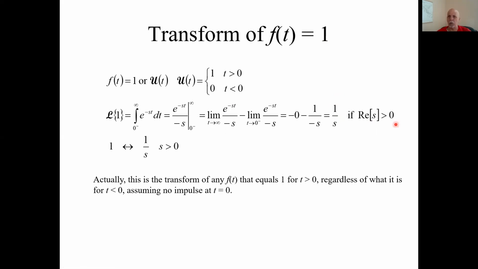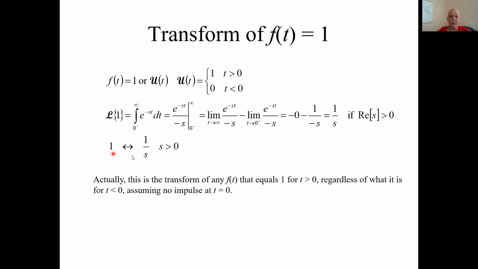We have a restriction on what s can be. So for the Laplace integral to exist, we required the real part of s to be greater than 0. That's not a problem. And the Laplace transform of the constant 1 is just 1 over s. So now we have a Laplace transform pair.